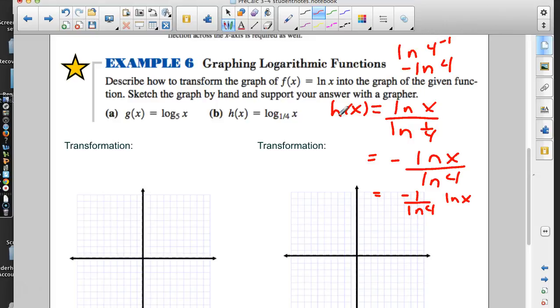But hang on a second and think about natural log of 4. If I snail shell that, that says e to the something has to be 4. That's going to be a positive number, so this is definitely going to be a fraction. So we will still have a vertical shrink of 1 over the natural log of 4. But what do we do with that negative?